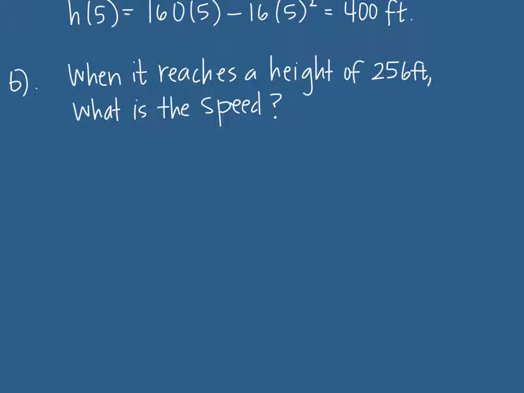When it reaches a height of 256 feet, what do we have to answer first? The when. Before we can answer what is the speed, we need to know when it is getting to the height of 256 feet. So we're going to take our height equation, h of t equals 160t minus 16t squared. We're going to set it equal to 256, and we're going to work backwards.